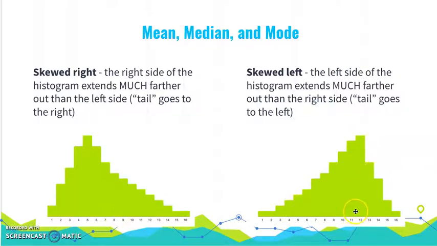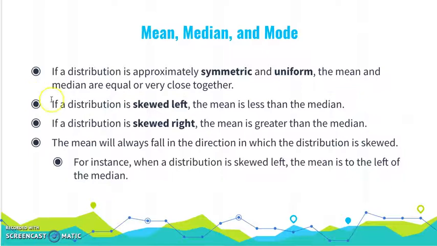Same thing here. My median would be a little more to the left of the mean, and then my mean would be even more towards the tail. So just make sure you write this down for how things are affected by skewedness or outliers.